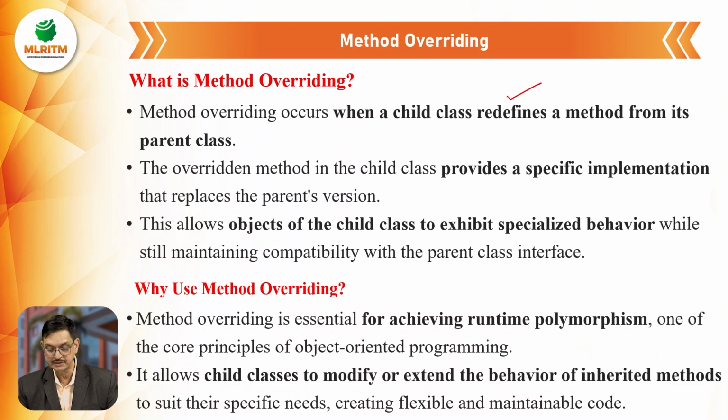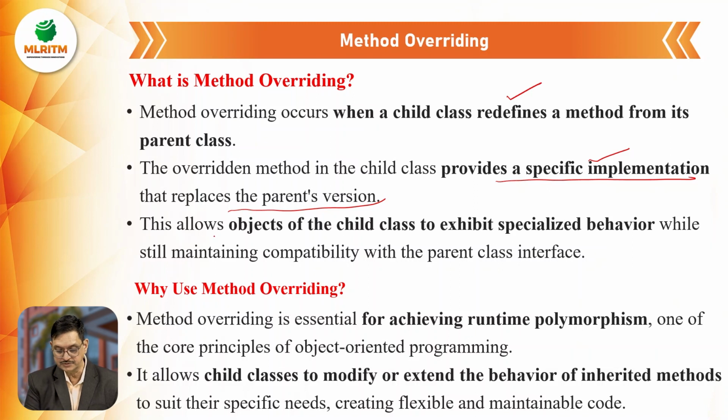So the overriding method in the child class provides specific implementation that suits its requirement and replaces the parent's version. Even though the parent version is having a method with the same name, it is having its own implementation. This child class is providing a specific implementation so that whenever the child class calls the method, it will execute its own implementation.